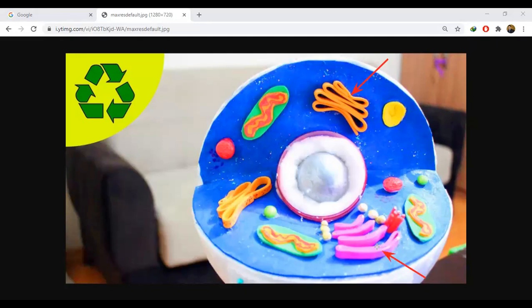Golgi complex. Good. What is this? Nucleus. If that is nucleus, then what is this?